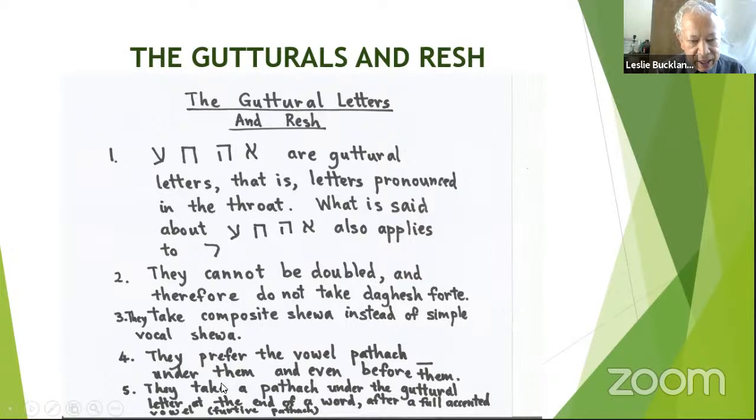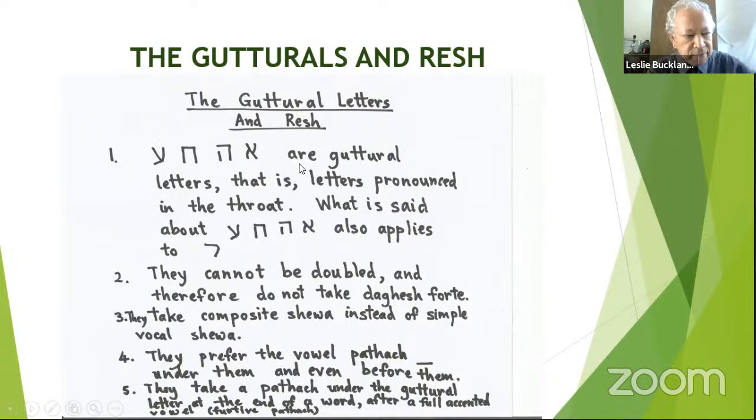And in such a case, it is called in the Hebrew grammar a furtive pathak. Furtive is spelt F-U-R-T-I-V-E. Furtive pathak means that it is a pathak that is at the end of a word under the last consonant, and the last consonant is a guttural.